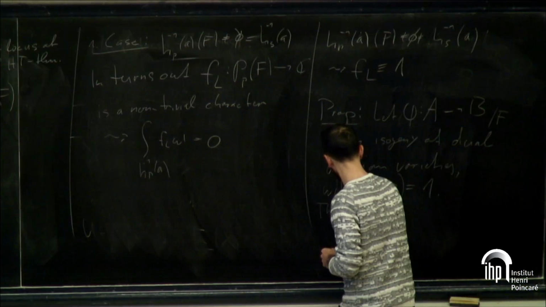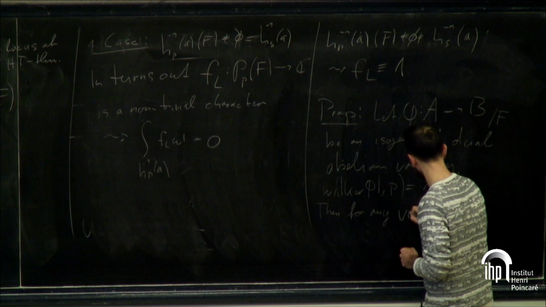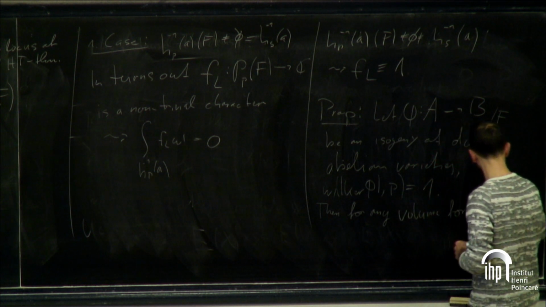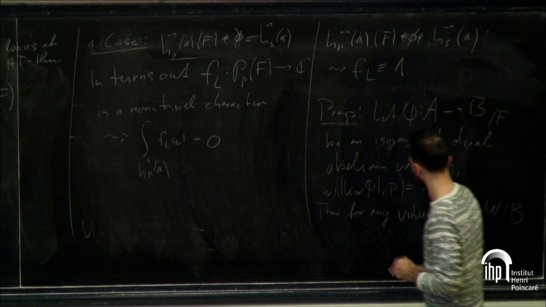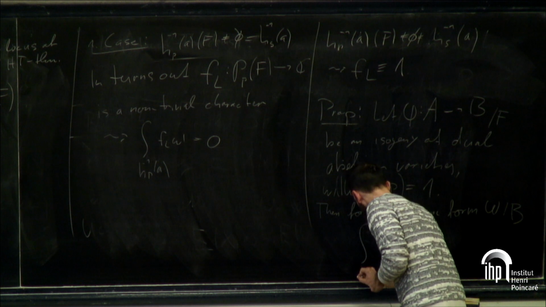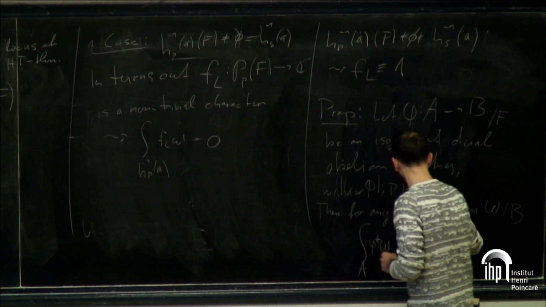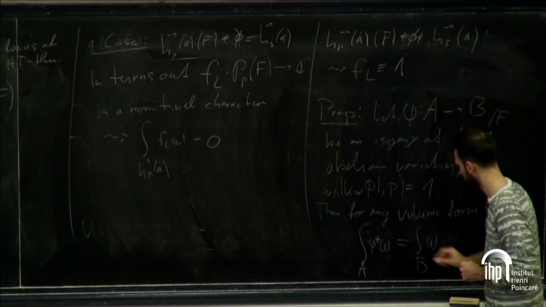Then for any volume form omega on B, we have that the integral over A of the pullback of omega is the same as the integral over B of omega, over the F points.